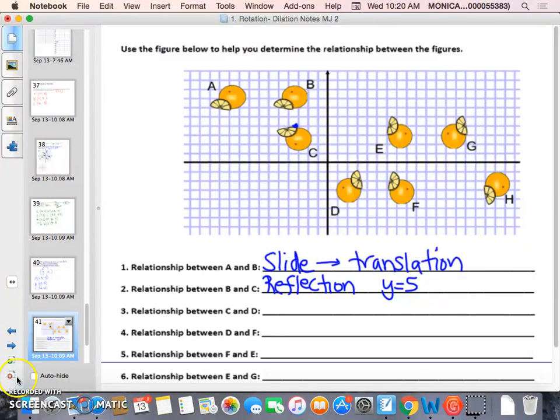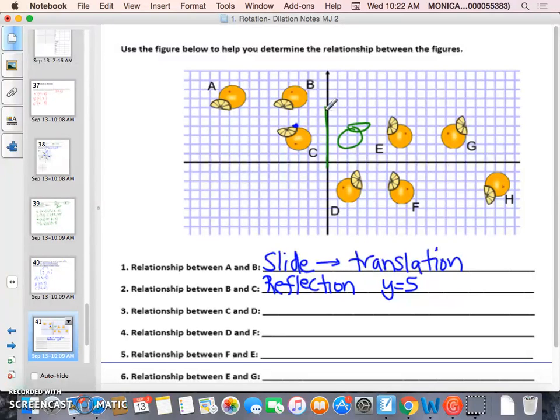Let me pause this first. I'm stuck on the relationship between C and D for a second there, but as I looked at it, I realized that's because it's going to have to go through a couple of transformations. So one solution is that you could reflect it across the y-axis here. And so when you did that, you kind of have a shape, and I'm just going to sketch it out. And then the orange slice would be here.